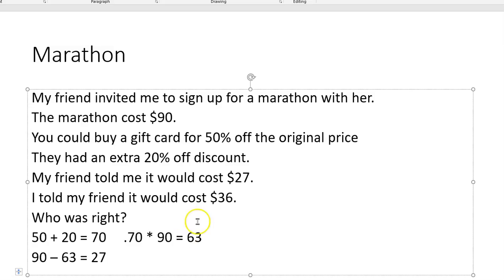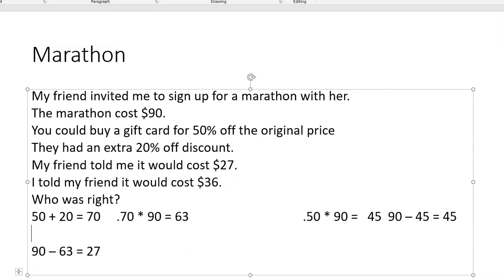Don't do that math, because really what you have to do is take 50% off of the 90. That gives you 45, and 90 minus 45 is 45. Then I take that 45 and multiply by the 20%, which is $9.